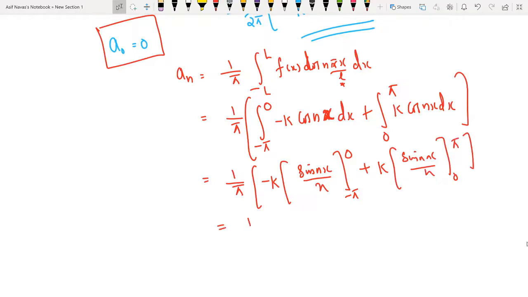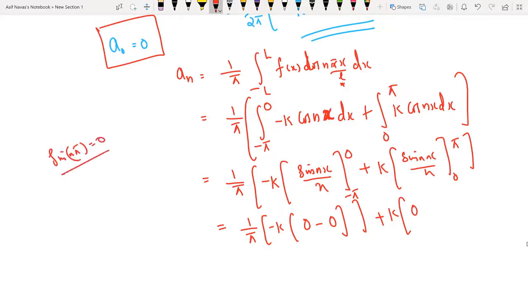So this is 1 by pi, minus k sin 0, that is 0, minus sin minus n pi, that is again 0. So plus k into, again this is sin n pi, 0, the value of sin n pi is always equal to 0, minus sin 0, 0.